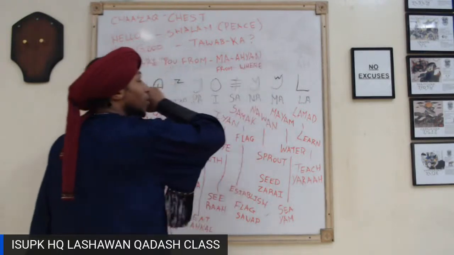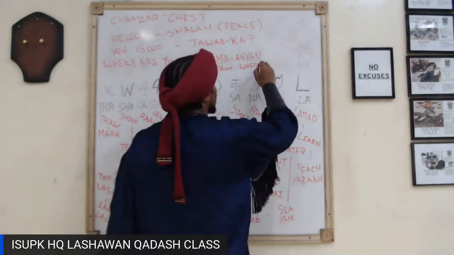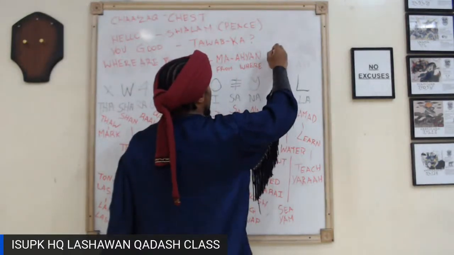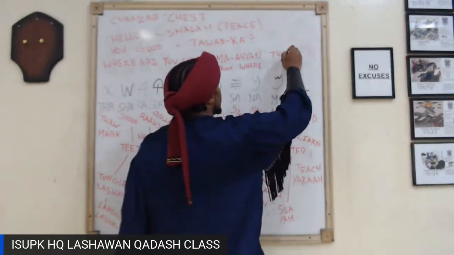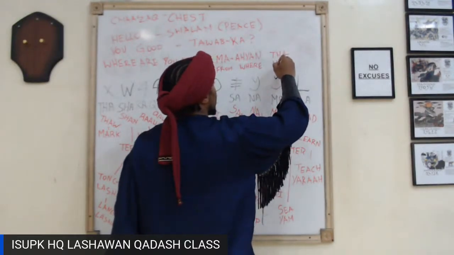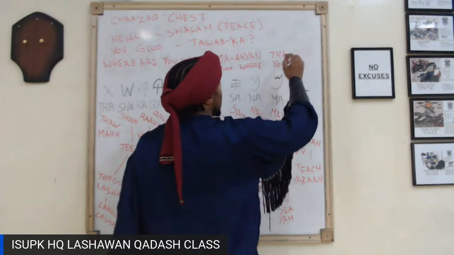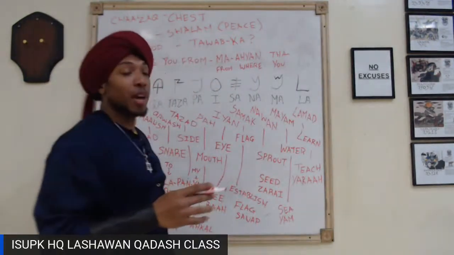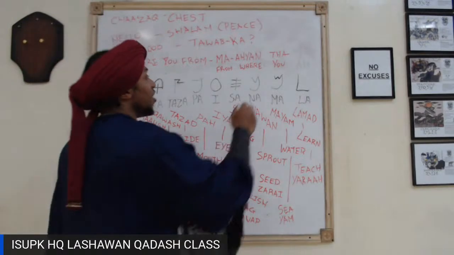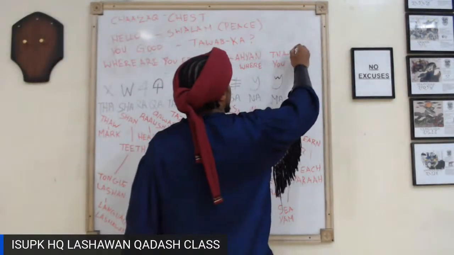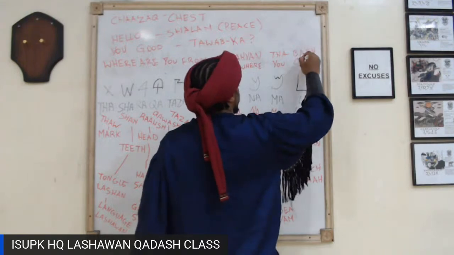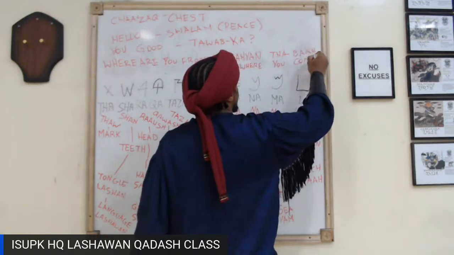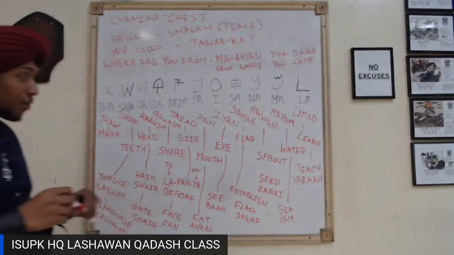From where. The ta in this context is you, that's ta for a ta. And then you have ba'a, which is ka. From where you come.